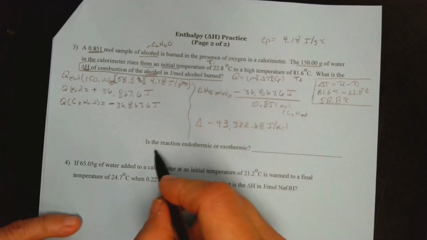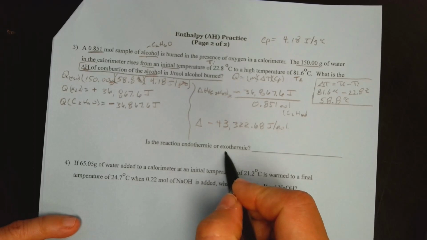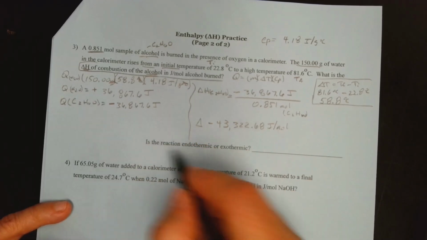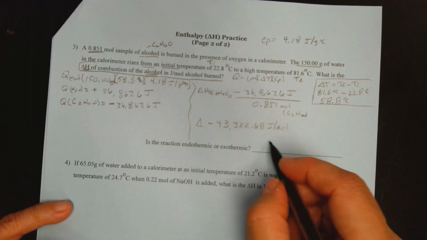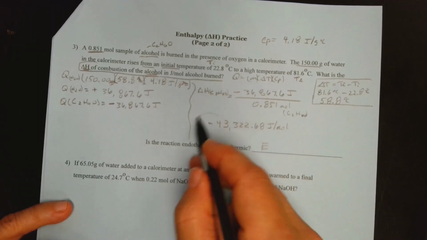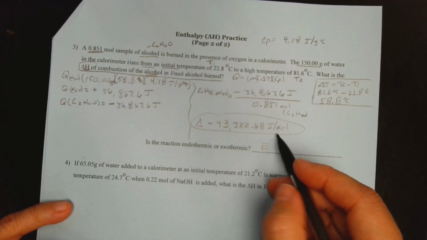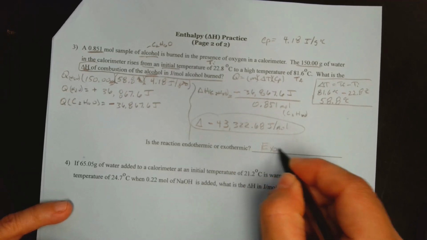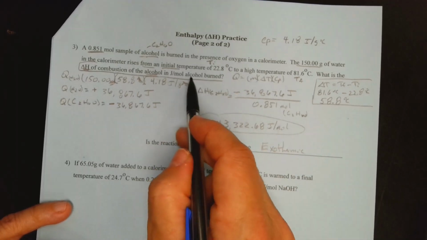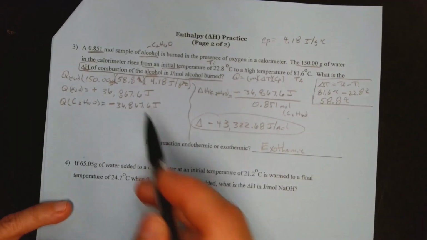It happens. So is this reaction endothermic or exothermic? Well, again, you guys, because we're dealing with delta H, and because it's negative, this means that this is going to be exothermic. So this change right here in enthalpy is going to be exothermic, which means that my alcohol is giving energy to the water.